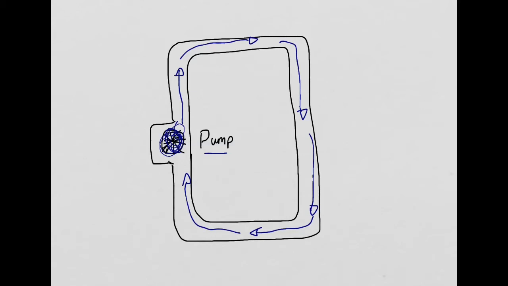Well, how do you think we can model resistance then? Let's think, how could we slow down the flow of water in this circuit without changing the potential difference, without changing the pump speed? Well, one way to do it would be to take the pipes and make them narrower.